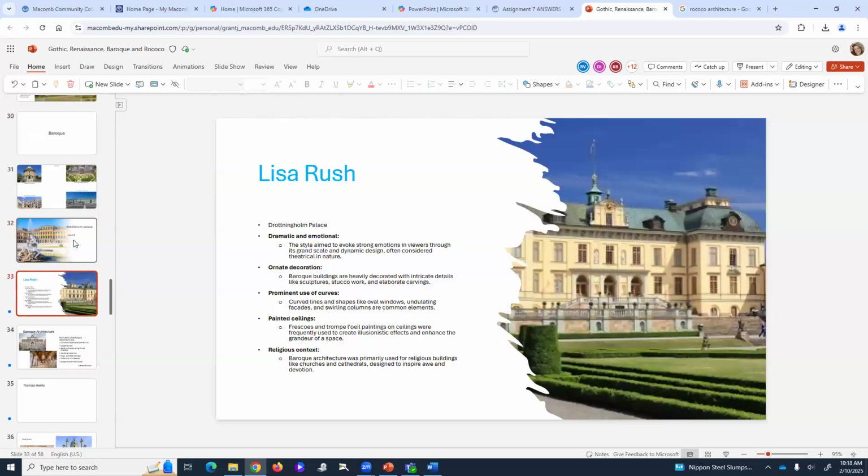I love, Lisa, that you're putting this little bit of text with it that says what's going on, the painted ceilings and the curved lines, the oval windows.